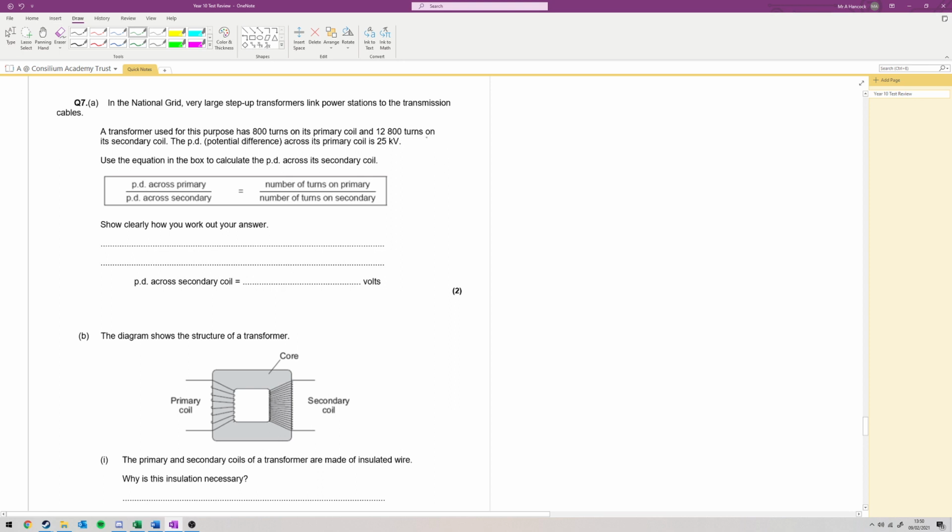So they give you primary core. Number of turns on the primary equals 800. It has that on the secondary, so number of turns on the secondary equals 12,800. Again, I know this is tedious, but this is what you should be writing down every time. The potential difference across the primary is 25,000 volts.